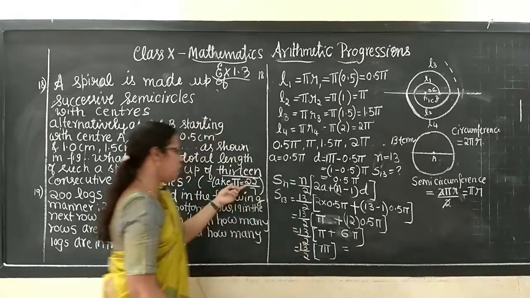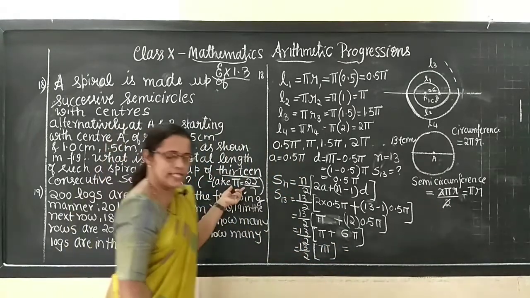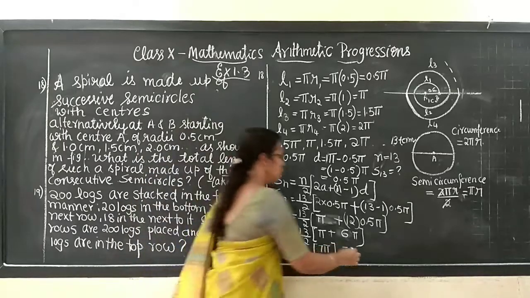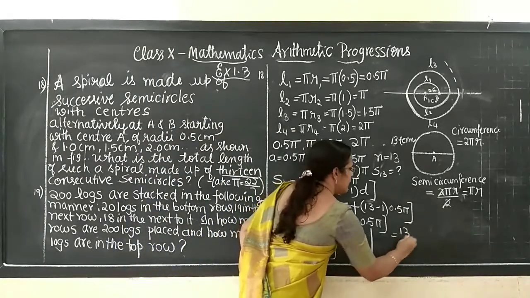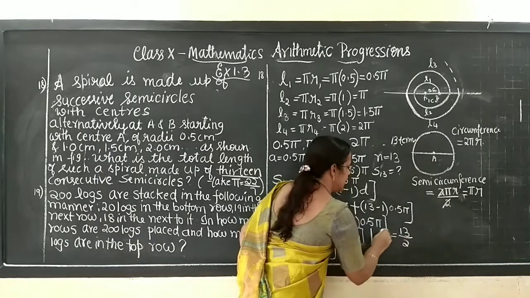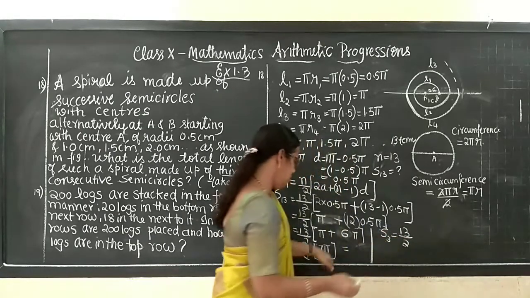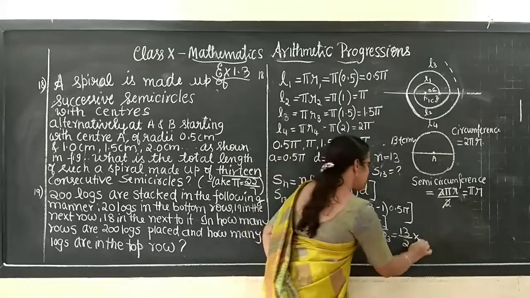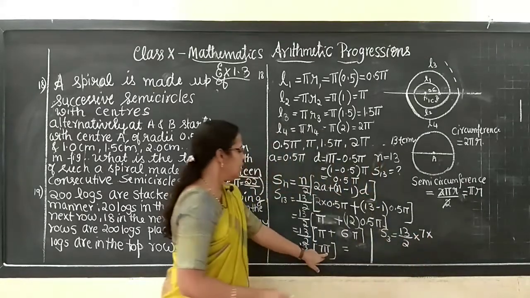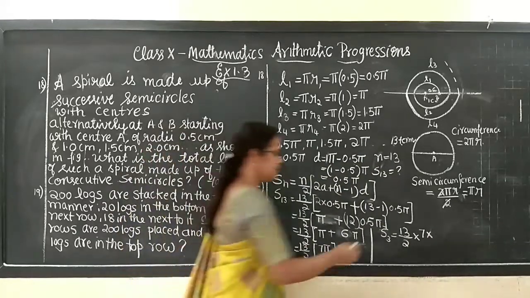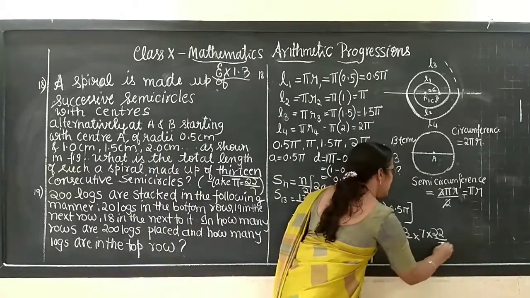Then you know the value of pi, 22 by 7. Can I apply it? So it is nothing but 13 by 2 into 7 into pi, which is 22 by 7.